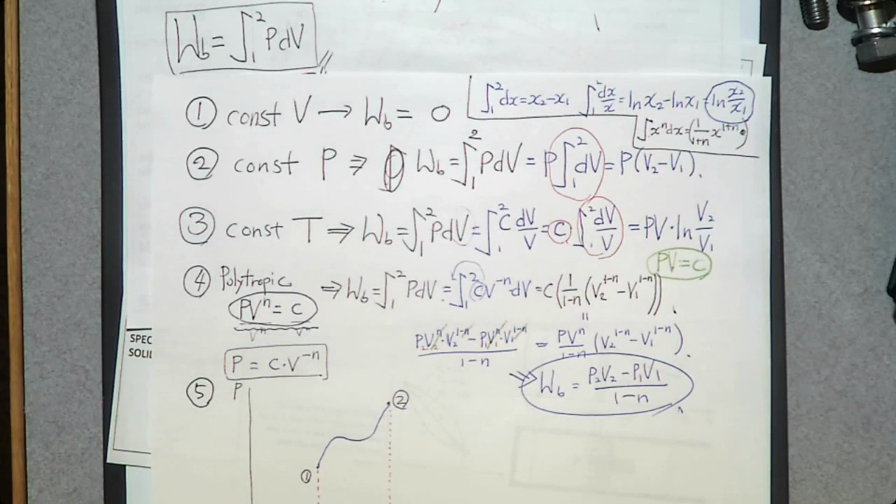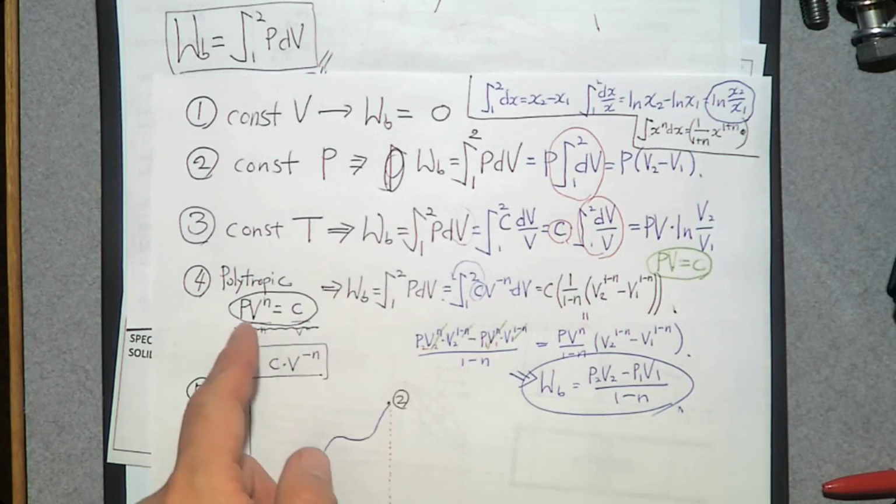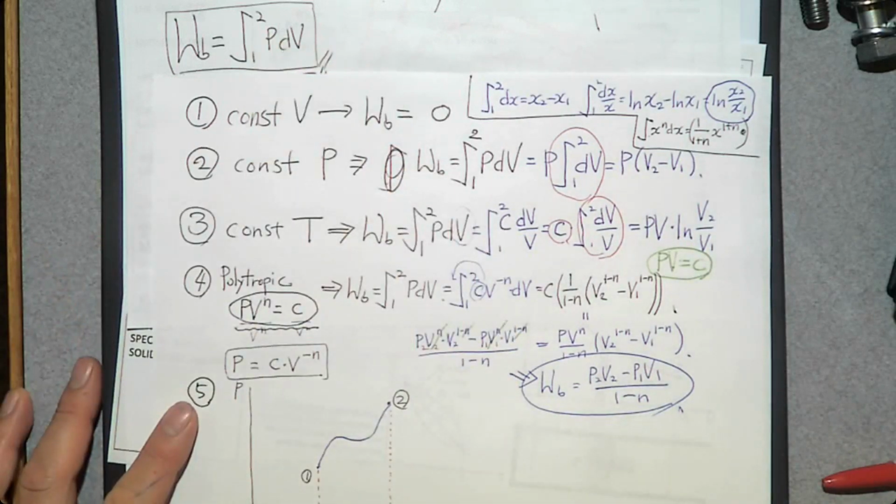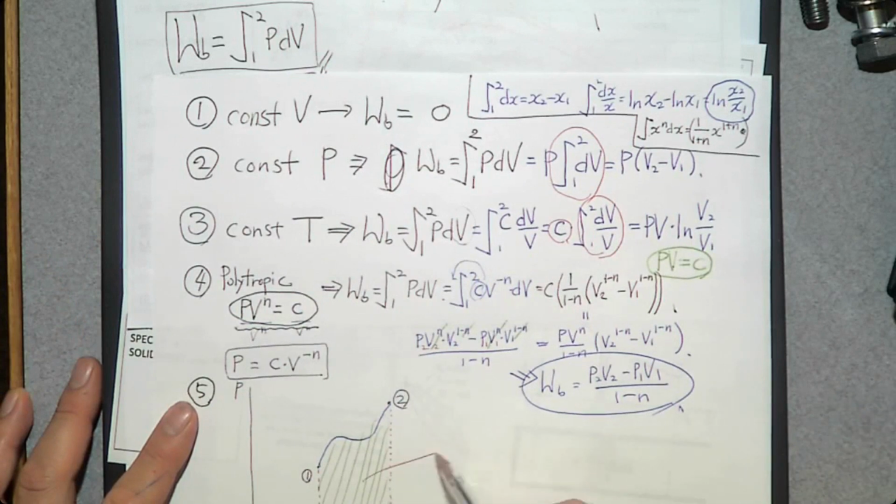What is the integration of a line? The area. What is the integration of area? Volume. What is the integration of volume? I don't know. So this one is the line. That is PdV. So if you determine the area, that is WB.